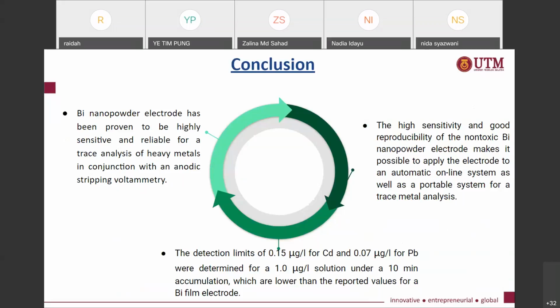The detection limits of 0.15 microgram per liter for cadmium and 0.07 microgram per liter for lead were determined for a 1 microgram per liter solution under a 10 min accumulation, which are lower than the reported values for a bismuth film electrode.